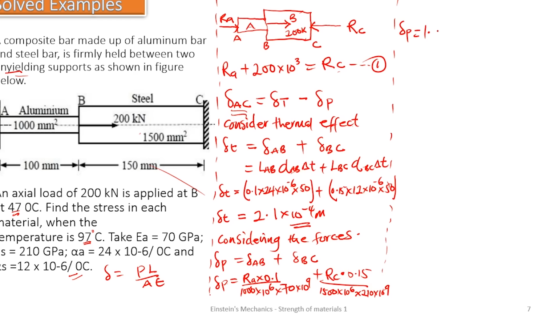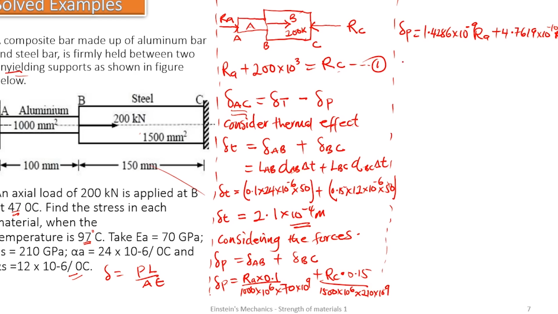So the change due to P is going to be 1.4286 times 10 to the power -9, punching all the values and leaving it in terms of RA, RA plus 4.7619 times 10 to the power -10 RC.